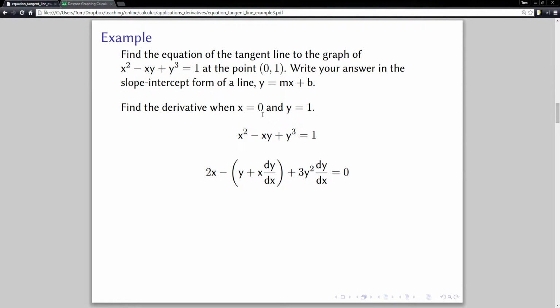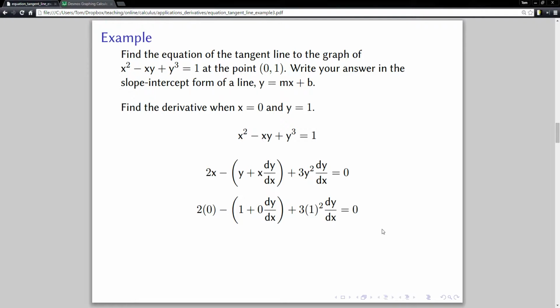I can just plug in 0 and 1 right now and solve. I only have to figure out the slope at 0, 1, just a single point, so I might as well just go ahead and plug those values in for x and y and then solve that out. So that's exactly what I'm going to do. Plug in the 0 for x, plug in 1 for y, and that's what I would have.